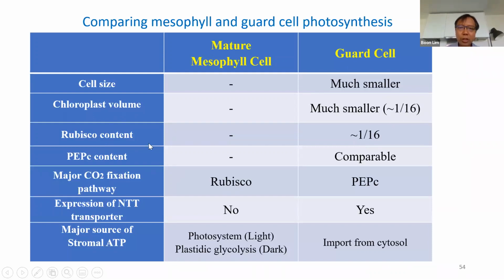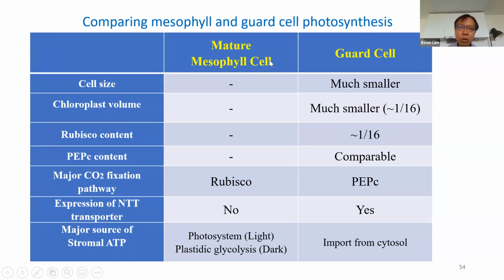The Rubisco content is also 1 out of 16 in terms of protein amount, whereas for PEPC content, those cell types are comparable. So in mesophyll, the major CO2 fixation pathway is Rubisco, whereas in the guard cell, the major CO2 fixation pathway is PEPC.